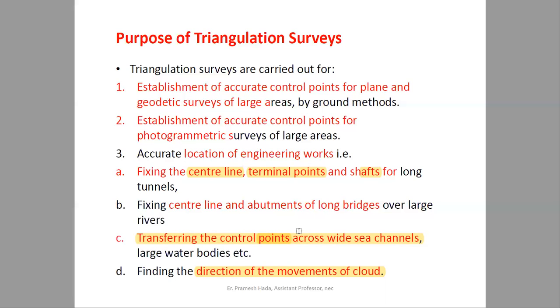In our coming lecture, we will differentiate between triangulation and trilateration. Then we will study the different levels of triangulation survey. There are three, based upon the level of accuracy we maintain: primary, secondary, and tertiary.